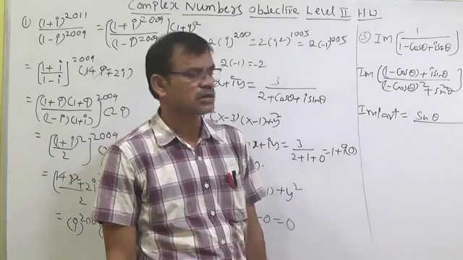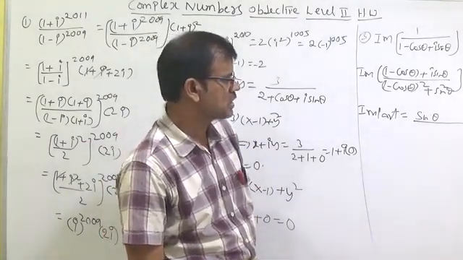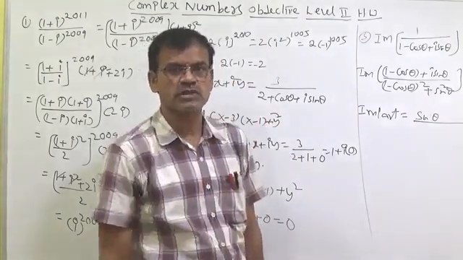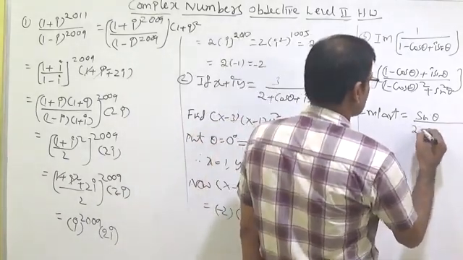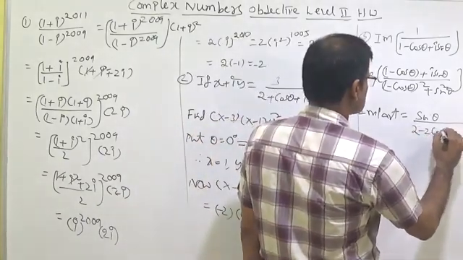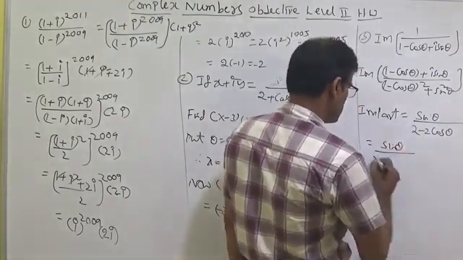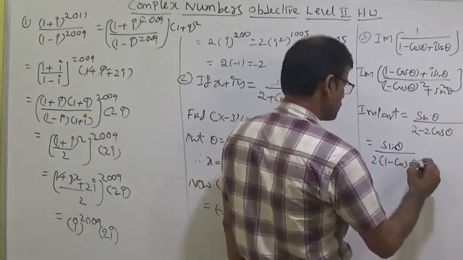(1 - cos theta)^2 becomes 1 + cos^2 theta + sin^2 theta - 2 cos theta. cos^2 theta + sin^2 theta becomes 1, so 1 + 1 becomes 2. So 2 - 2 cos theta. So sin theta over 2 into (1 - cos theta).